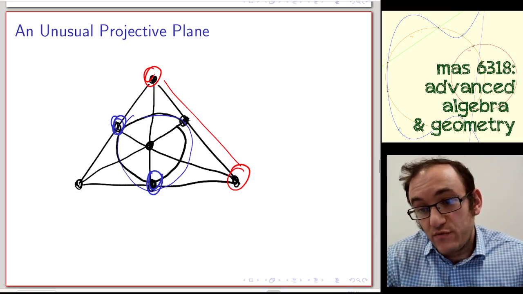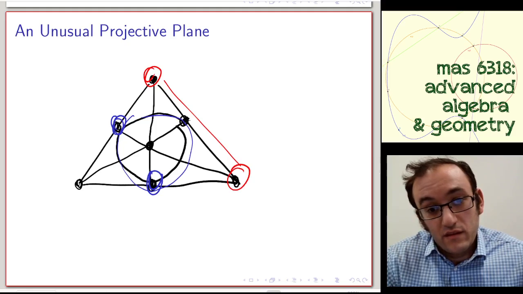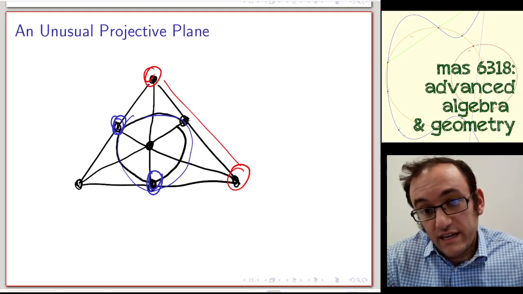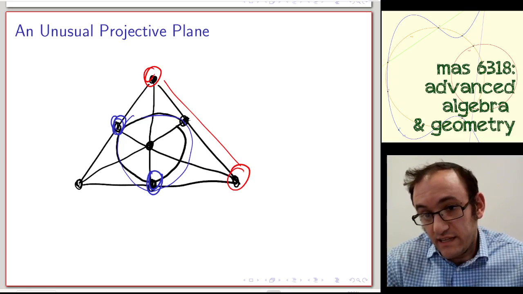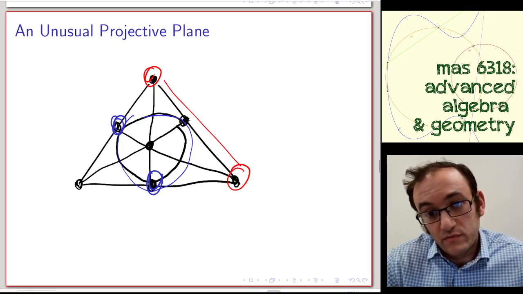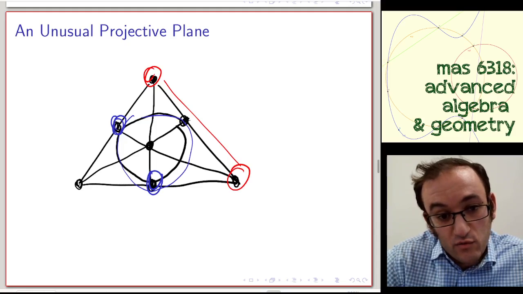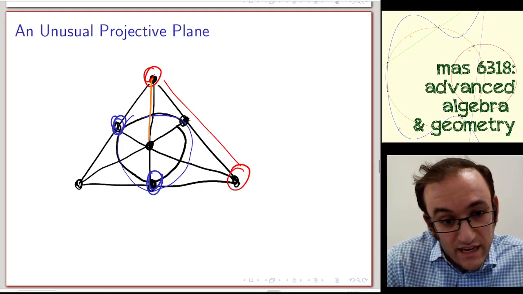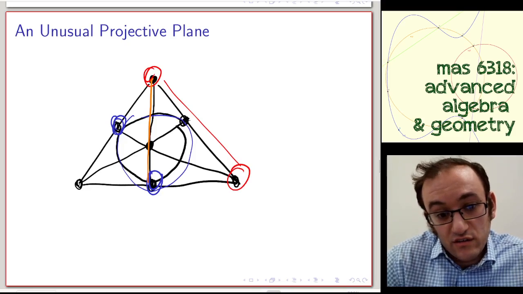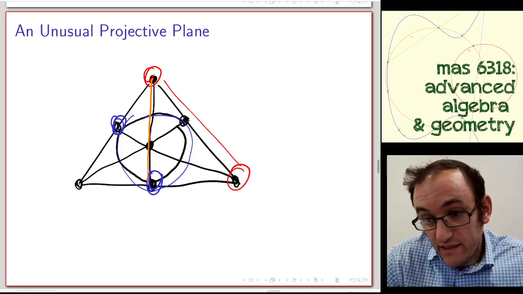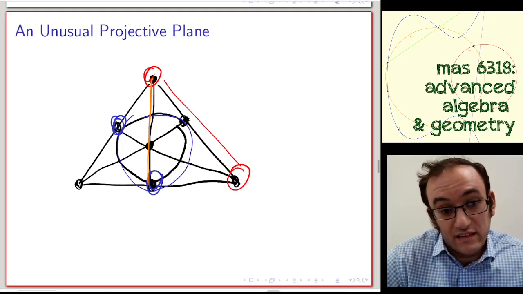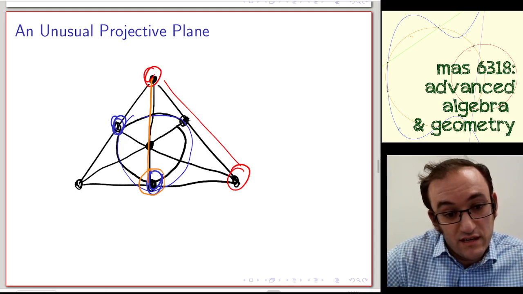As for any pair of lines, well, all of the normal lines intersect as normal. But let's say I want to know where this line intersects the circle. I just look for the unique point that's on both the circle and that line, and that's going to be this.